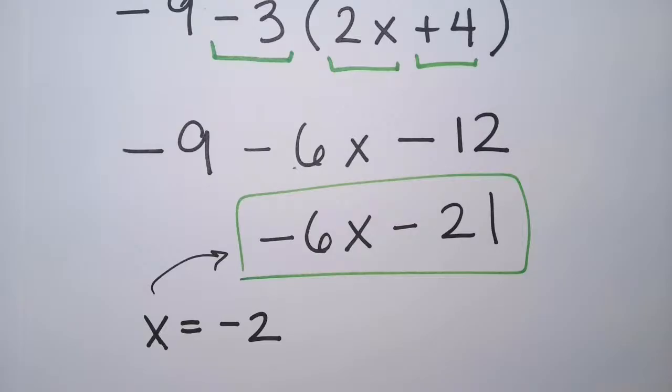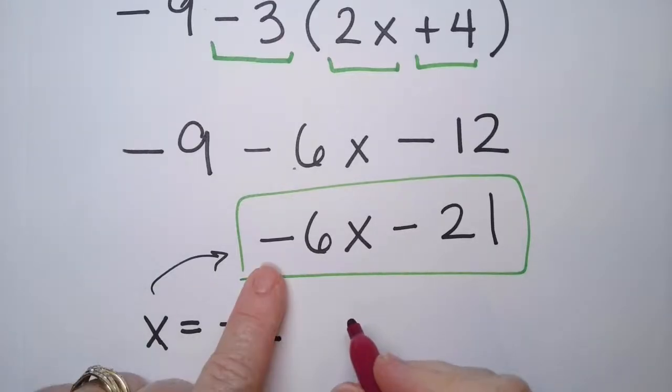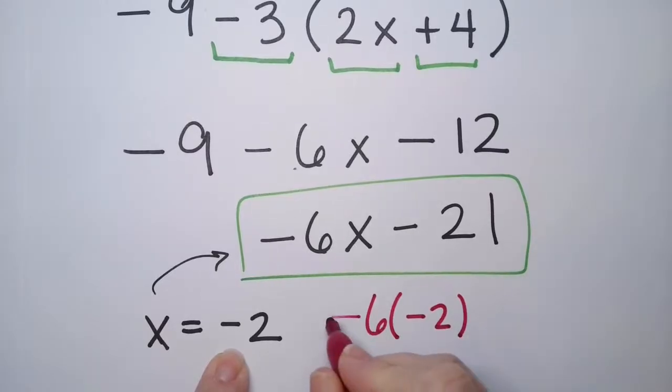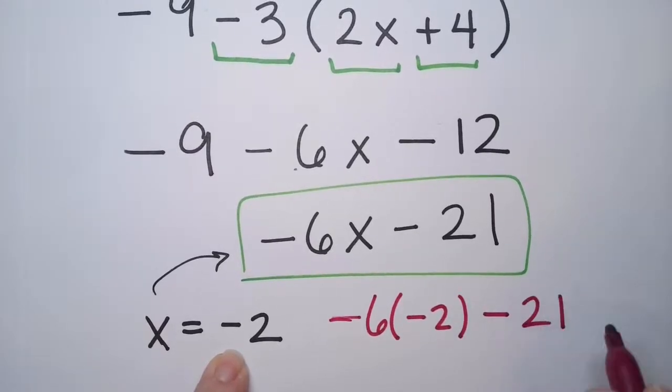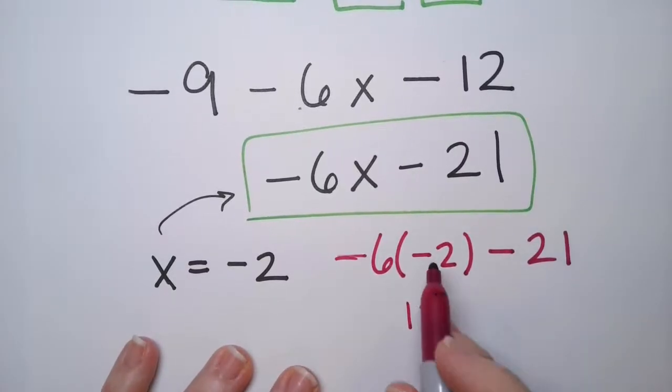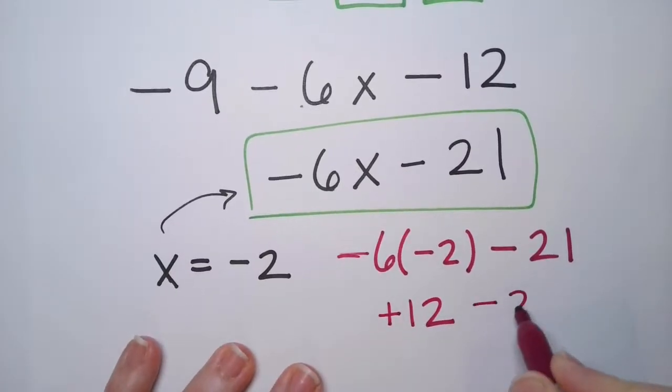Okay, you think you got it? All right, well, let's see. So this is going to be a minus 6 times a minus 2 minus 21. 6 times 2 is 12. Negative times negative is positive, minus 21.